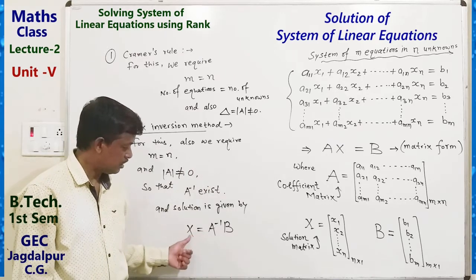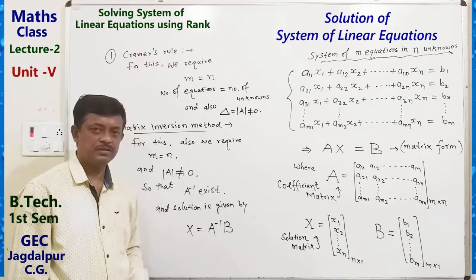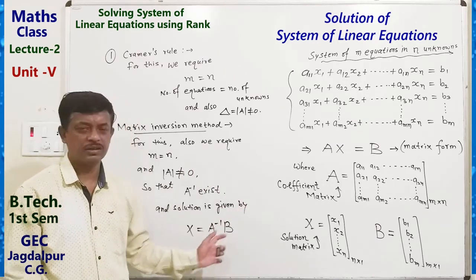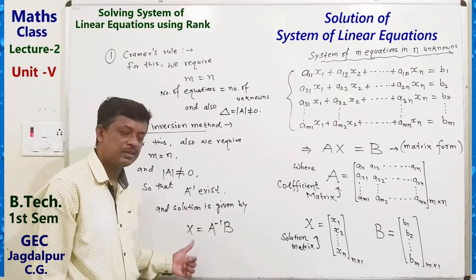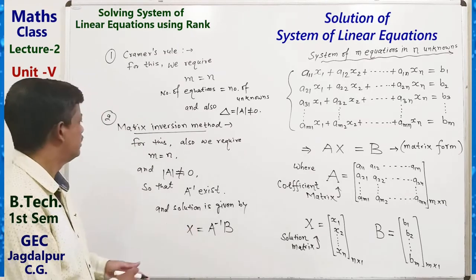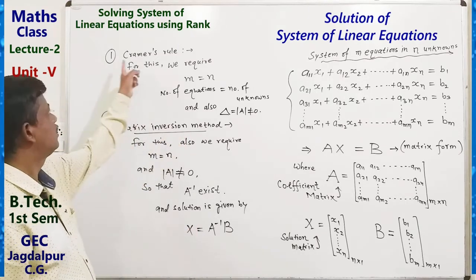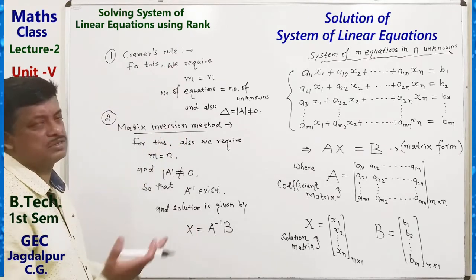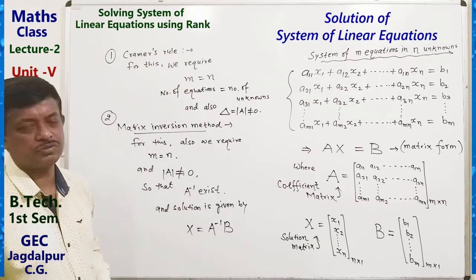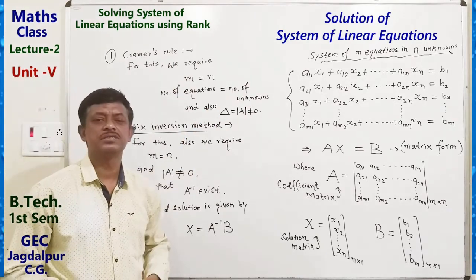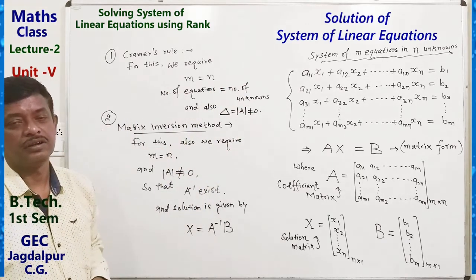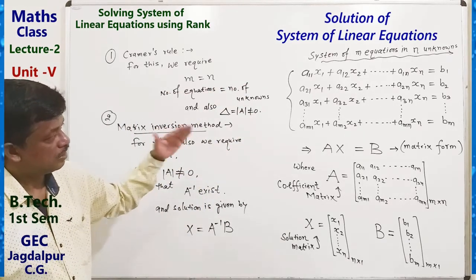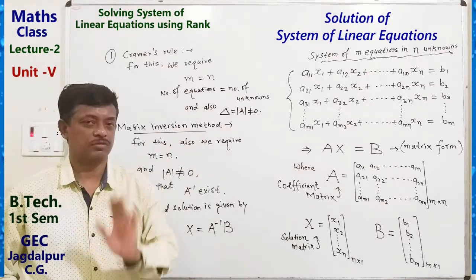Okay, so x equals A inverse B. You can multiply, then you can get the values of x, y, and z. These are the inversion method and Cramer's rule. These methods can be used for solving a system of equations when the number of equations and number of unknowns are equal.